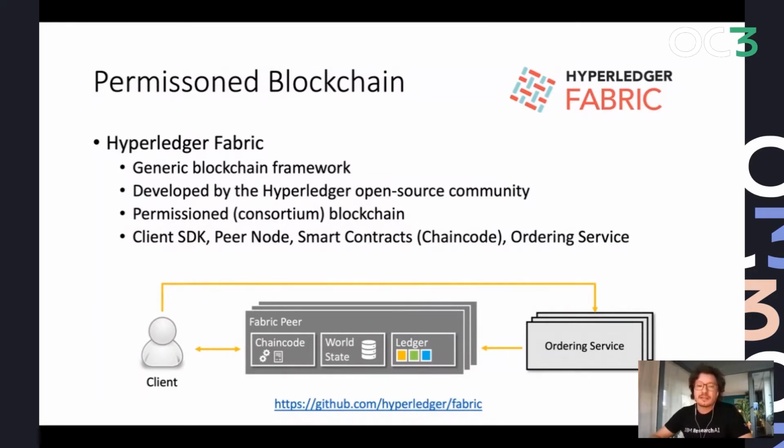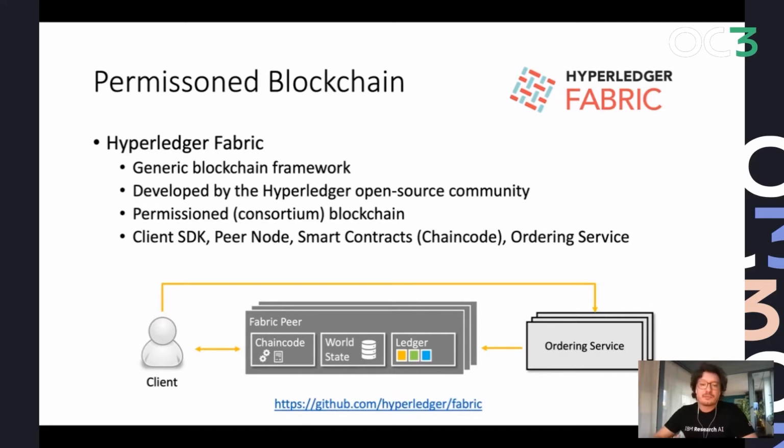The client does this with a couple of peers usually. They're also called endorsing peers. If I send my transaction to multiple peers for execution, let's see if they all return the same result. If this is the case, the client crafts a transaction and sends it to the ordering service, and then the ordering service puts this transaction in a block and distributes the block among all the peers on the network.